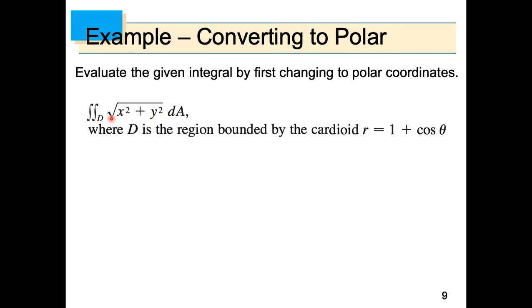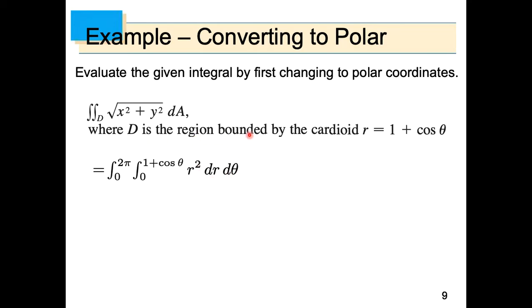But then I take the square root of it, I just simply get r. So this is simply just going to be r when I convert it to polar coordinates. But then I end up back at r squared because dA again is r dr d theta. So I get r from this radical expression, I get another r from dA, which leaves me with r squared dr d theta.